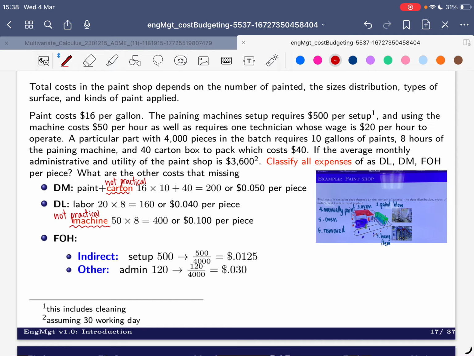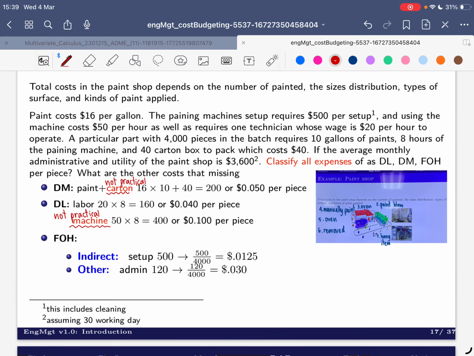For labor, of course, for the admin, for the technician, this is direct labor. What is strange here, of course, is the machine. Usually for machines, it's the cost of running the machine. Since one machine, during the day, can run many models, we typically do not consider this direct labor in the traditional sense.